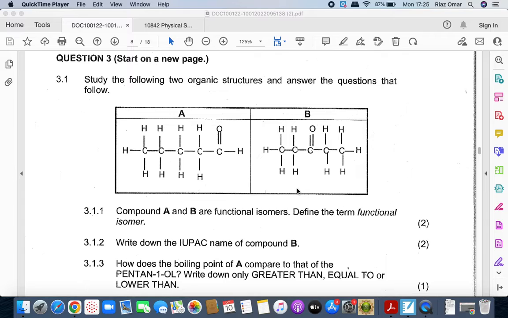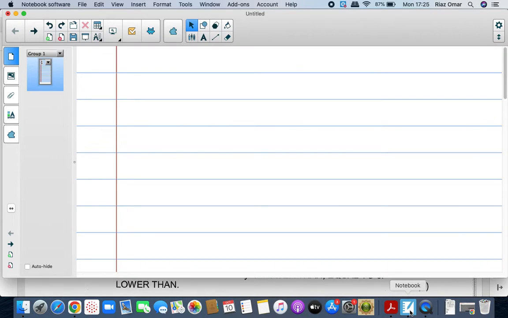Alright, so to answer the questions, let's look at what they are asking us. Compound A and B are functional isomers. The question is, define the term functional isomers. We know that isomers have the same molecular formula, but have different functional groups. So let's go to our writing paper.